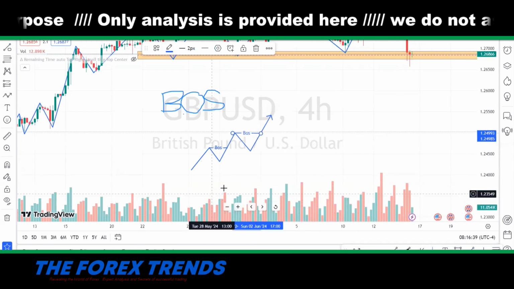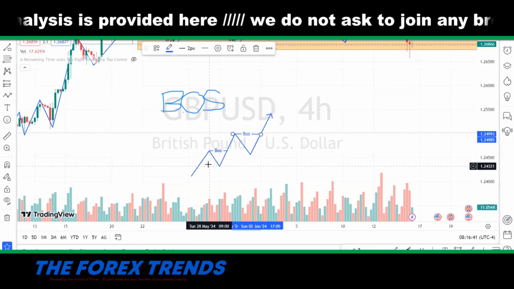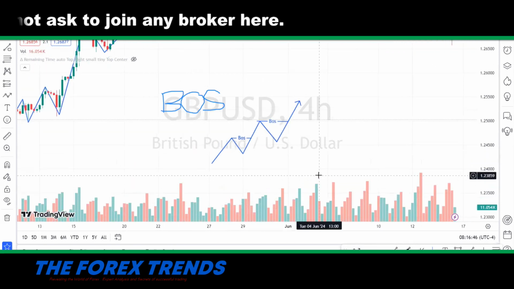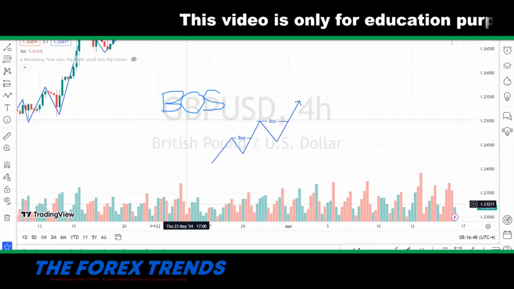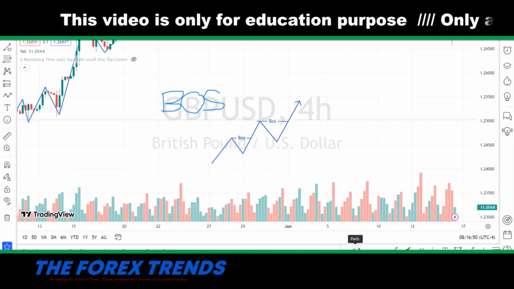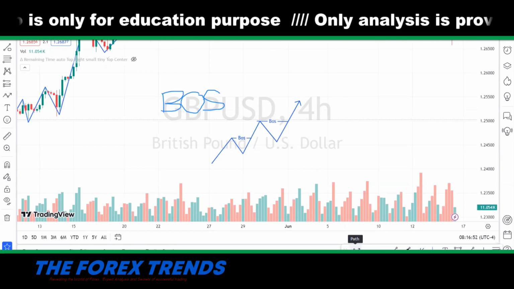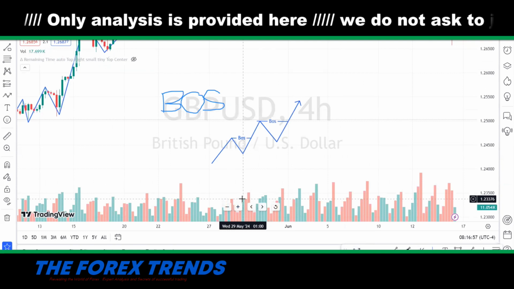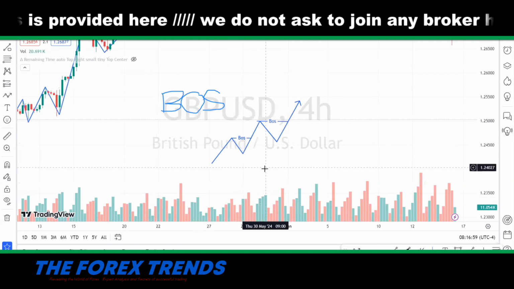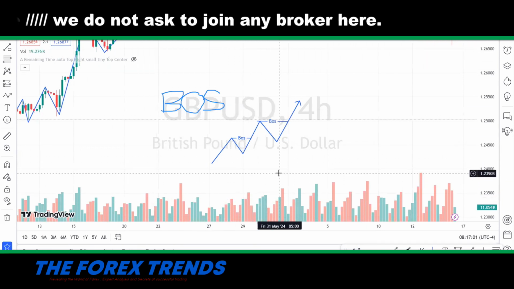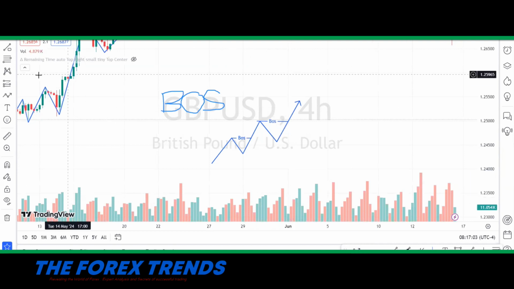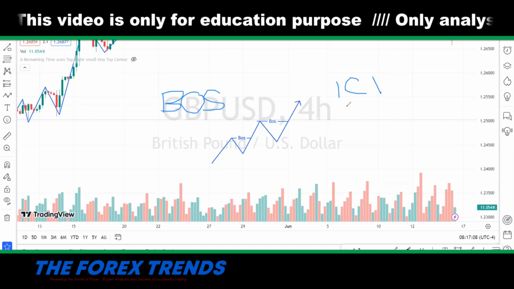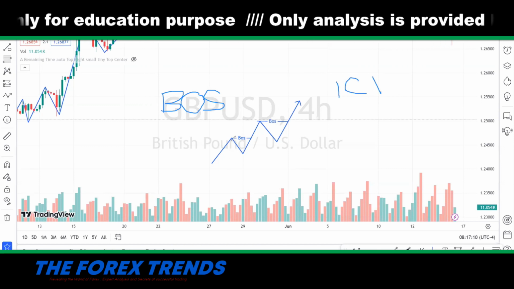Whenever the market creates this kind of structure, it always moves in one of three ways: either upward, downward, or in a range. Whenever it moves in a direction, upward or downward, it creates this kind of structure. This is called impulse correction impulse, that is ICI.